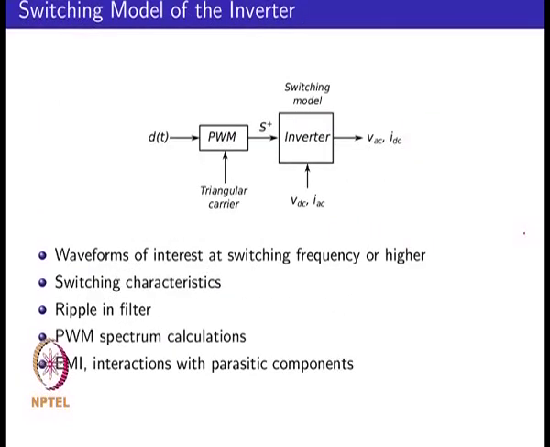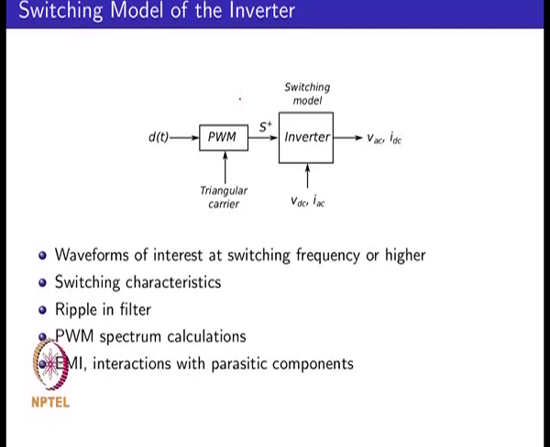If you look at the leg of the power converter, we looked at it earlier. The leg of the power converter is modeled as a single pole double throw switch, and if you look at the overall inverter structure, you have the duty cycle coming into your PWM block, where you are doing a comparison between your duty cycle and a triangular carrier.